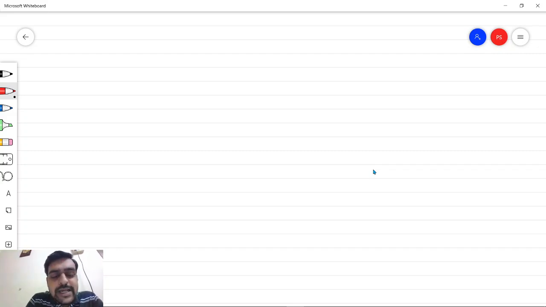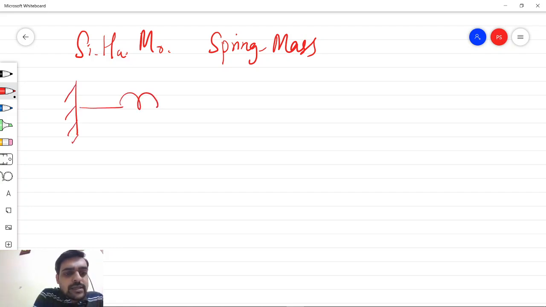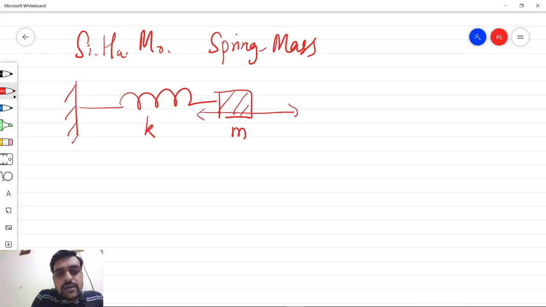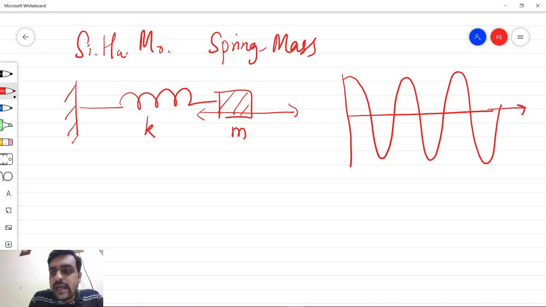We have already discussed simple harmonic motion using the case of a spring mass system, where we have shown that if a mass m is attached to a spring of spring constant k, it is able to oscillate back and forth, and the motion appears to be sinusoidal as a function of t.